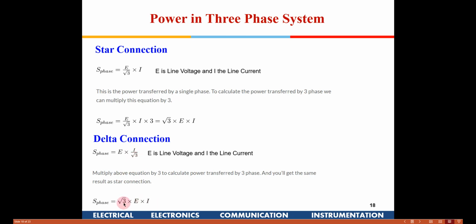Again you get √3 into E into I. So this is the total power in a delta connection. For a star connection as well as a delta connection, the power remains the same, which is √3 E into I, and in both cases E represents the line voltage and I represents the line current.